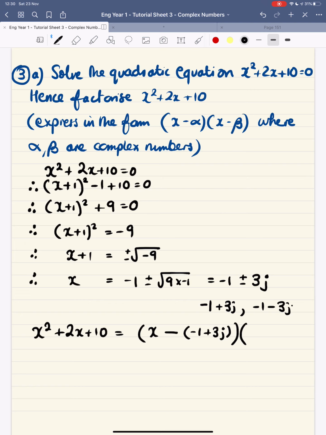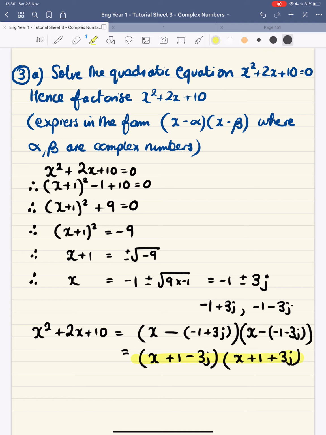It's x minus the root is the factor. So this is x minus minus 1 minus 3j. So we can simplify this a bit. It's x plus 1 minus 3j times x plus 1 plus 3j. And that's that one done there.